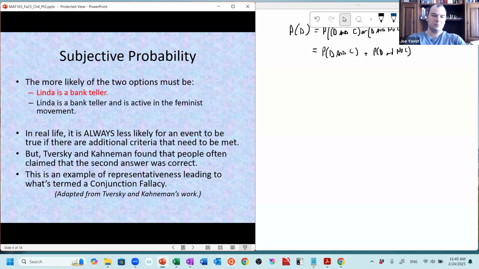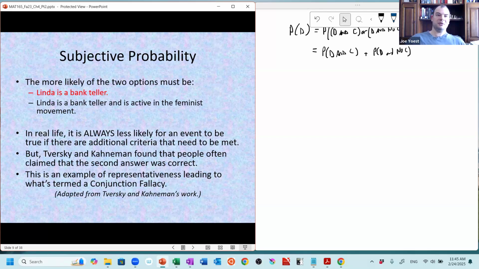Why is that? Well, because if we add an additional criterion to be true, then that always has to reduce the number of folks that pass both criteria, right? If I tell you to collect all of the Toyota Corollas for me and put them in a room, and then I ask, what are the red Toyota Corollas?